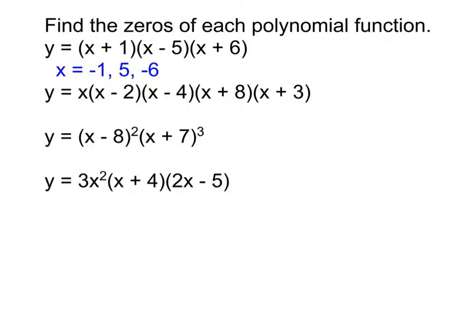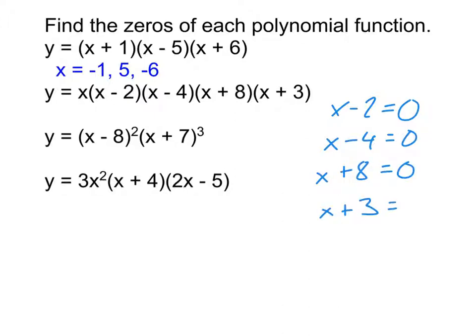All right, and then we go and we do the second one there. And again, I'm trying to find the 0, so it's what makes each of the parts equal 0. Like the x minus 2 equals 0, basically setting each of the parentheses equal to 0, which we can do, but then what about that x that's sitting out front? What do we do with that? Well, because it's multiplied by the whole thing, we treat it the same.